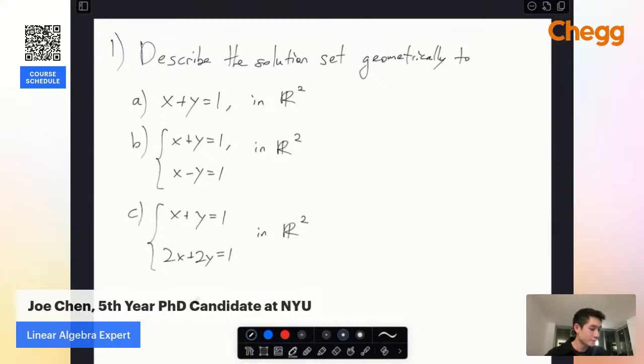So for this question, in R2, we know how to graph x plus y equals 1 from algebra, and this is just a line. Let's try and draw it accurately. You can visualize it. It looks like the line y equals x, but shifted up by 1. This is A.